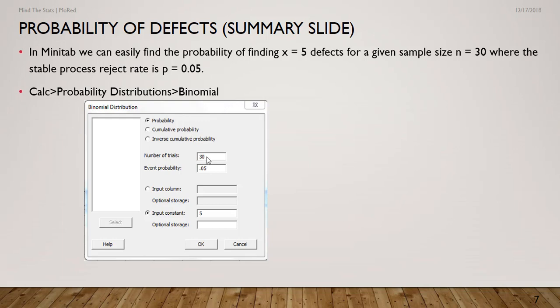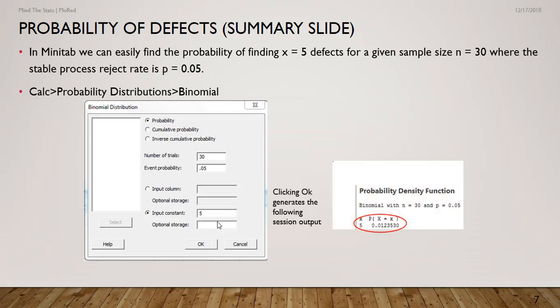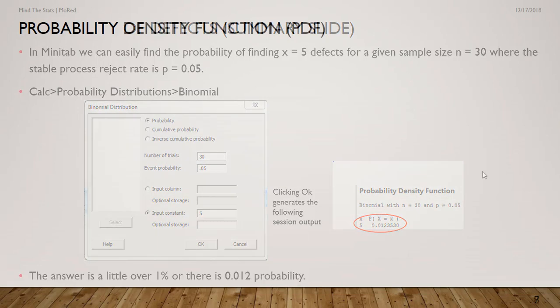We entered 30 as the number of trials, 5% as the event probability, and we wanted to find the probability of finding exactly 5. We clicked OK, and in the session window we got the response, which is probability of 0.0123, which is essentially over 1% chance of finding exactly 5 rejects.